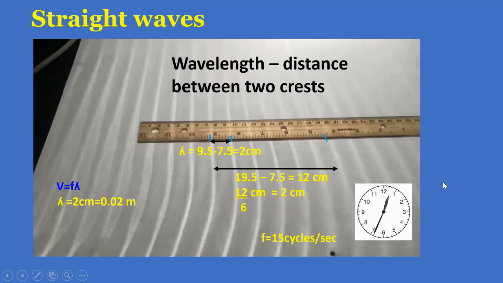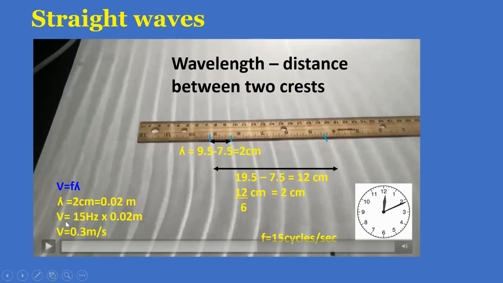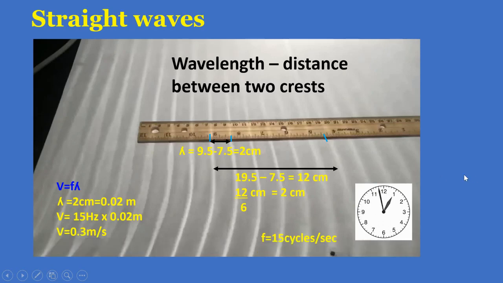In this case I had 15 crests pass in 1 second, which means my frequency is 15 cycles per second, or 15 hertz. So when I make the substitution, the velocity of this wave is 0.3 meters per second. So we can find all the variables of a wave just by using a ripple tank.